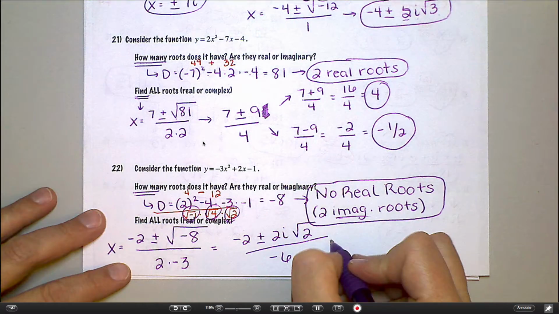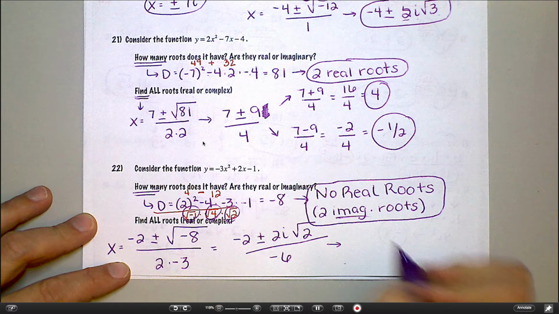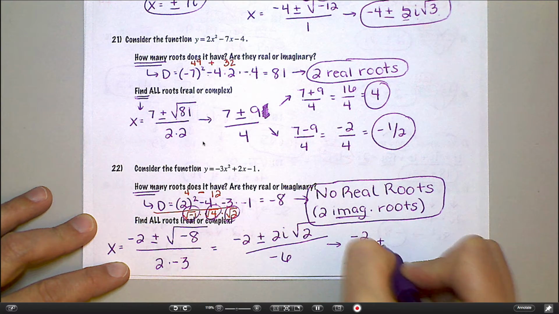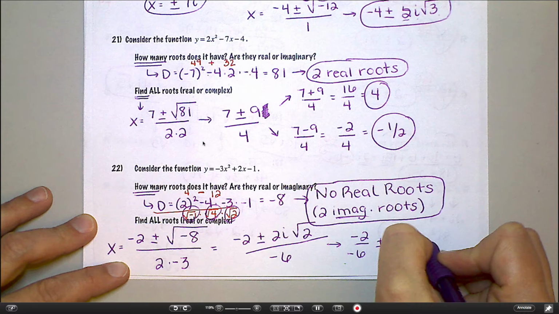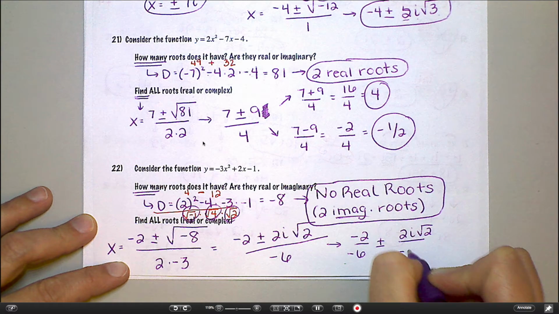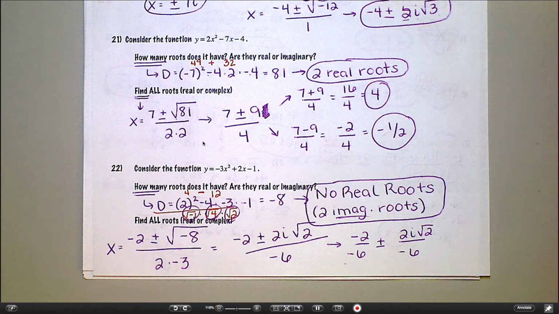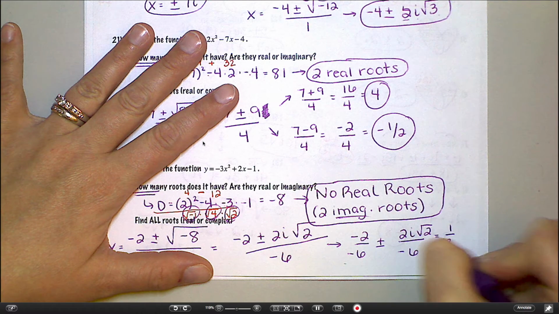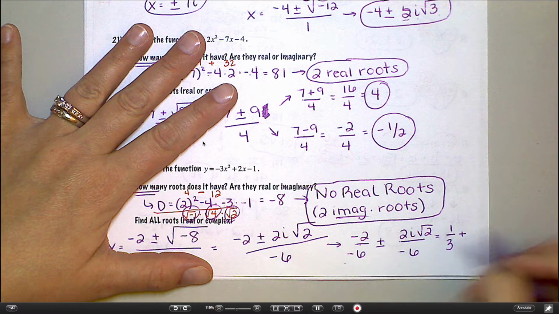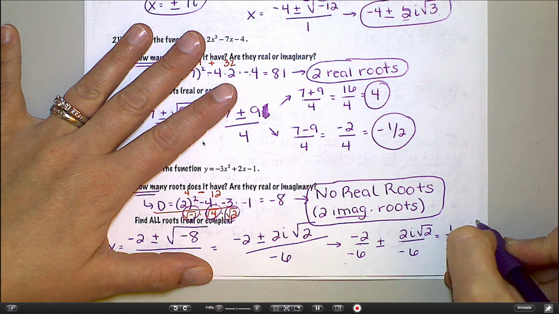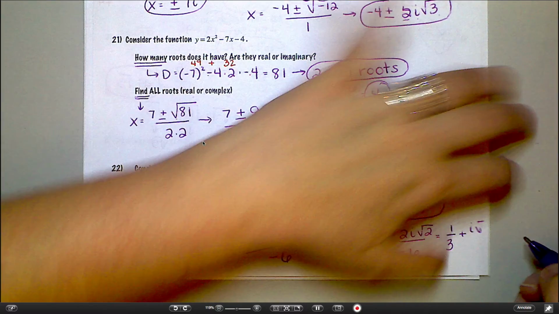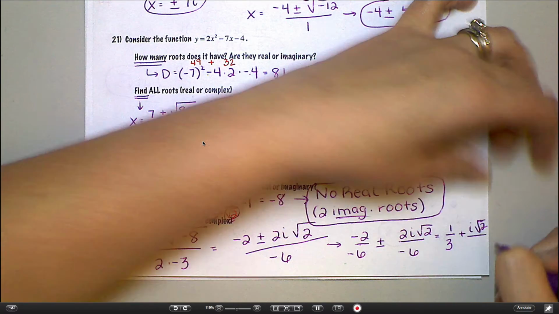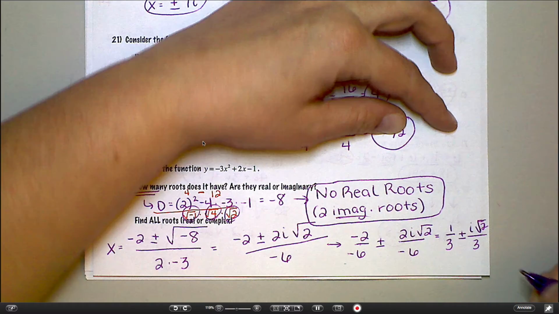I can't actually divide these by 6, but I can treat them like fractions. Remember what I really have going on here, and it doesn't matter to me whether you write it like this or not, I really have negative 2 over negative 6 plus or minus 2i square root of 2 over negative 6. I would like it if you would reduce these as fractions here, and this makes a positive 1/3 plus or minus, this also becomes 1/3, so it's just i square root of 2 all over 3.